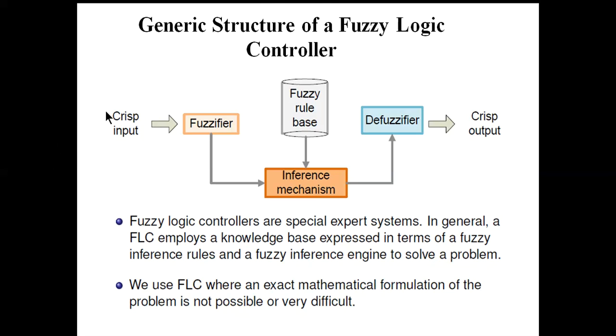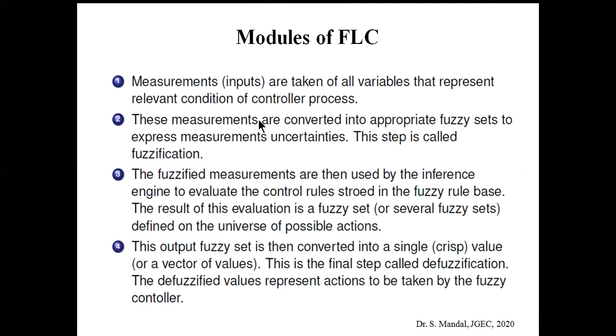Okay, and this value is applied to a fuzzifier that converts this crisp value into a fuzzified value in terms of membership function. Okay, and here you can see that there is a fuzzy rule base. Here different types of rules are already stored, based on which we can take different decisions.